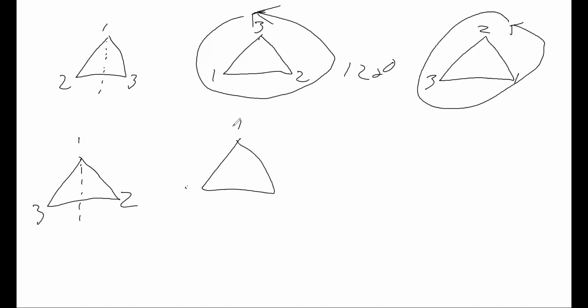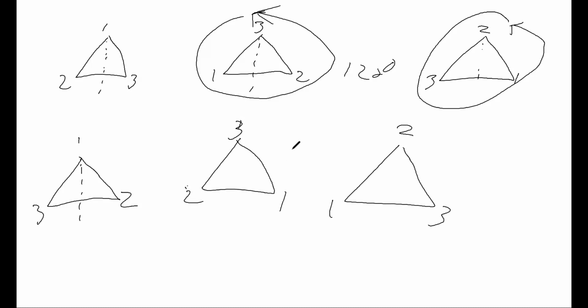I can reorder these so I can do 3, 2, 1. What is the one remaining? I can do 2, 1, 3, via either doing the flip on this guy or the rotation on these guys.